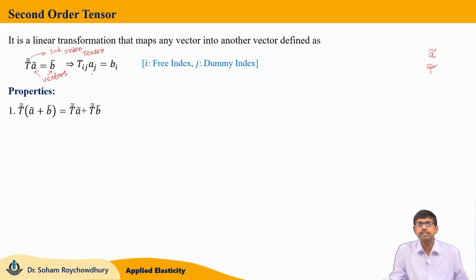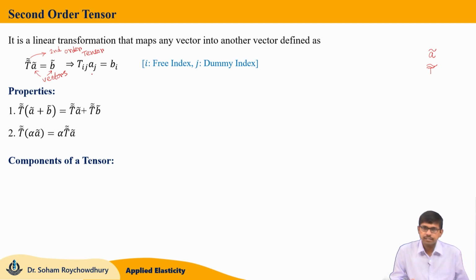This is the first property of linear superposition. The second property is that T acting over alpha times A, where alpha is a scalar, equals alpha times T acting over the original vector A. These two properties are satisfied for second order tensors, which are basically linear transformations that transform any vector into another vector.